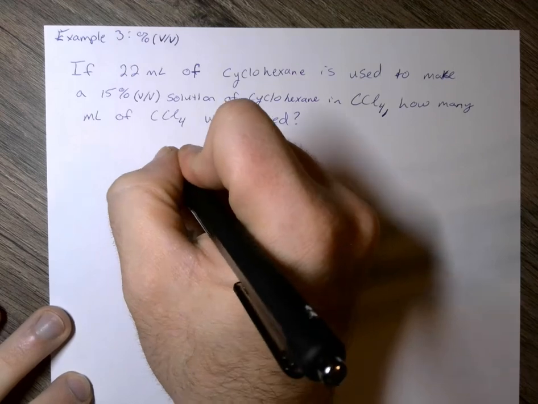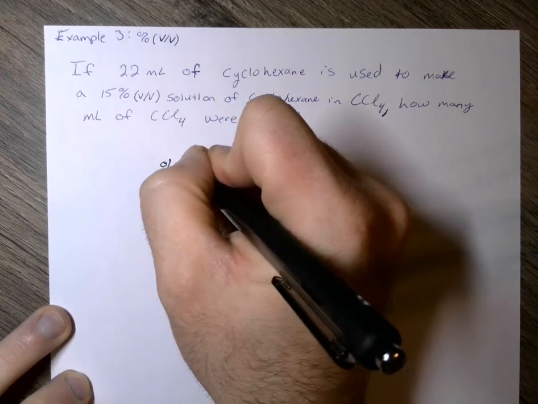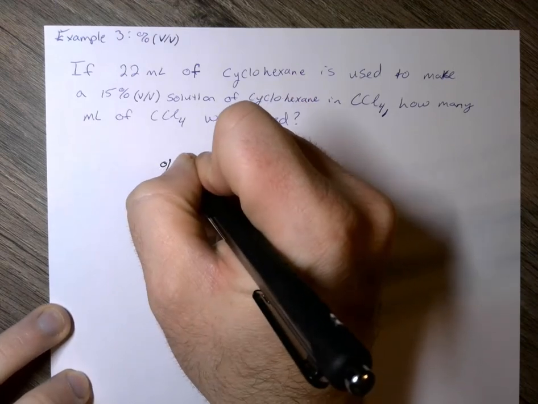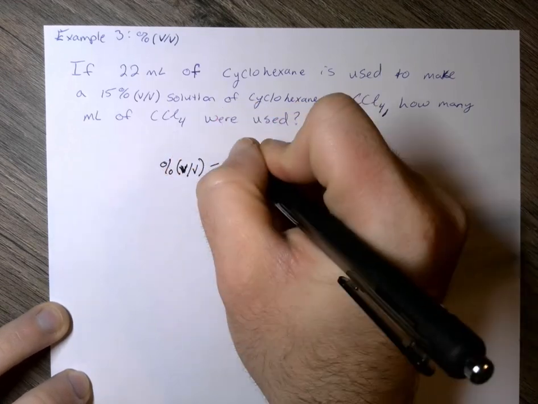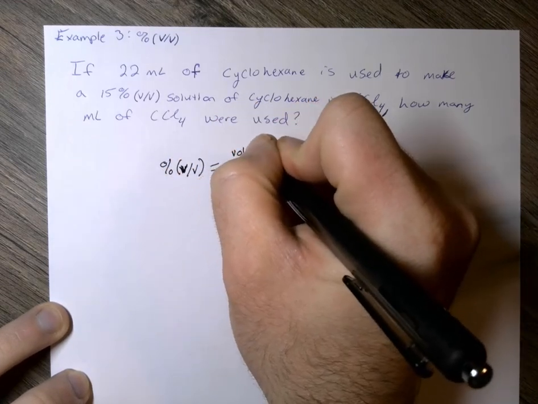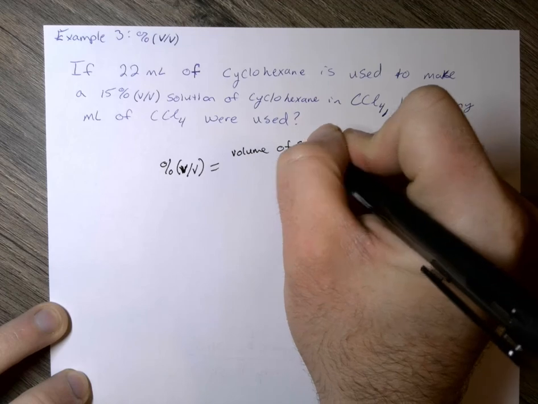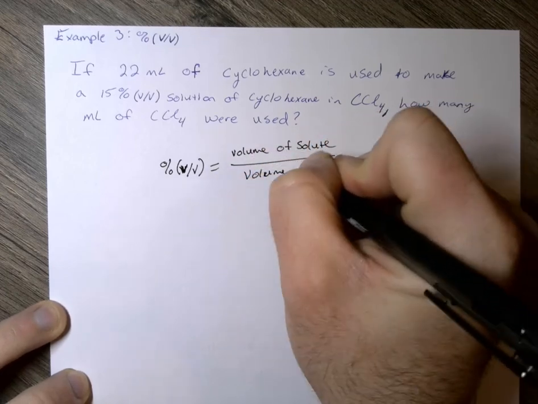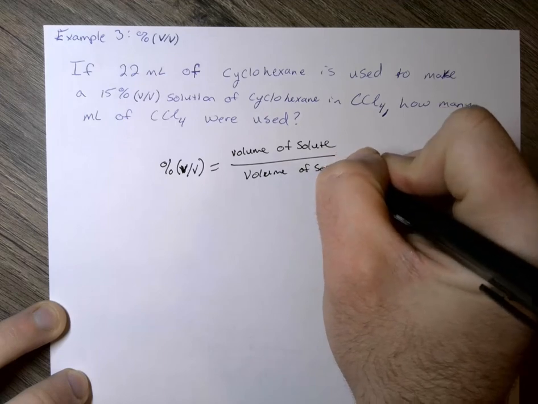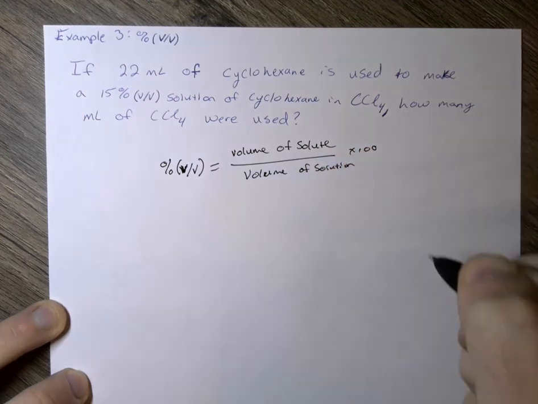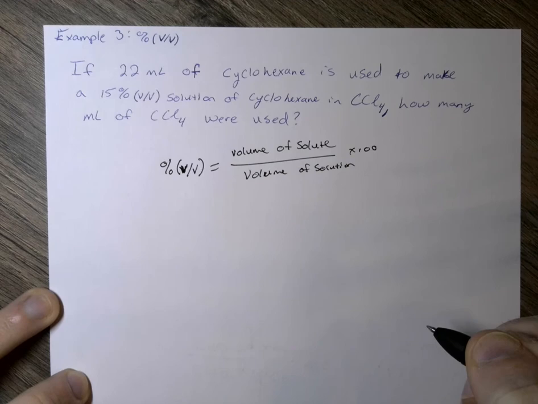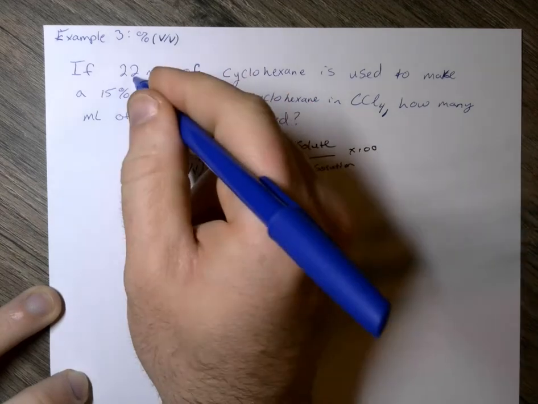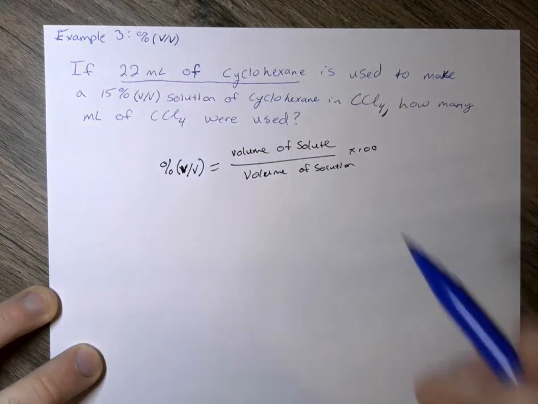So our equation is that percent by volume is equal to the volume of solute over volume of solution times 100. So let's identify what we know and what we need. So 22 milliliters of cyclohexane is used.